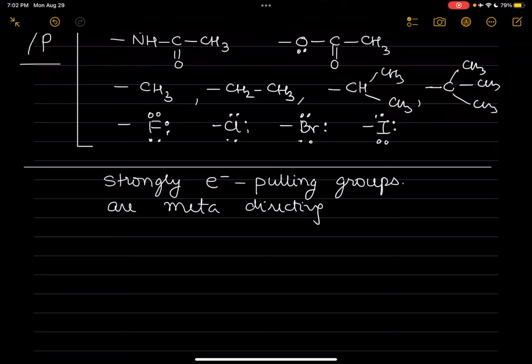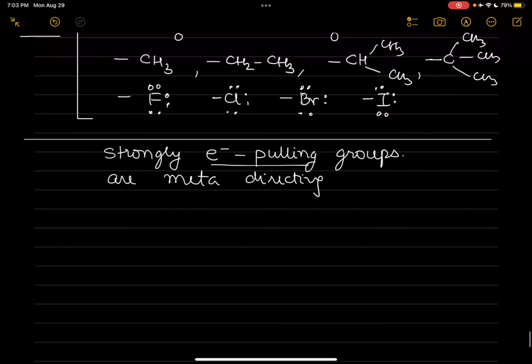So electron withdrawing or electron pulling groups are meta directing. And how will we make out that they are electron pulling? What feature should we look at in them? The NO2 group.